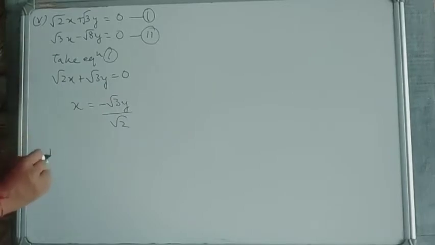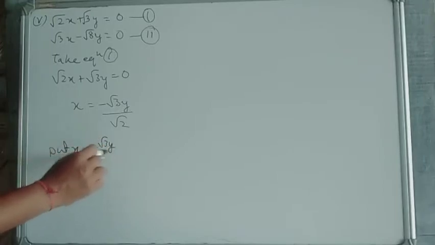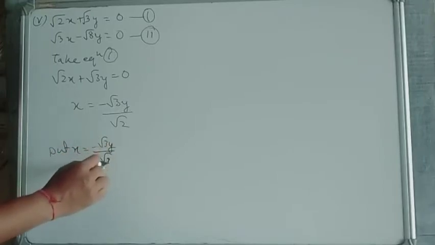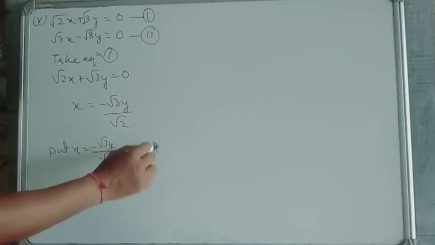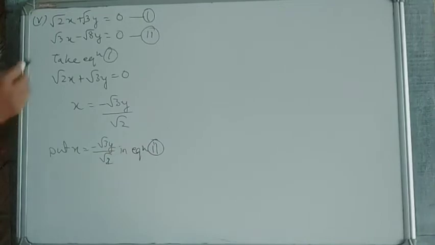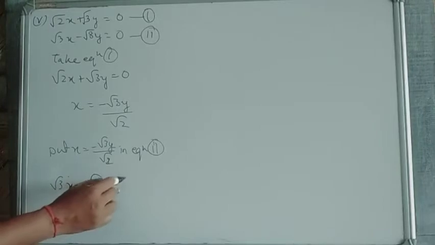Now put x equal to minus root 3 y by root 2 in equation 2. Equation number 2 is root 3 x minus root 8 y equal to 0.